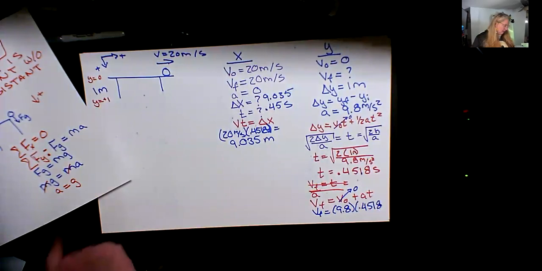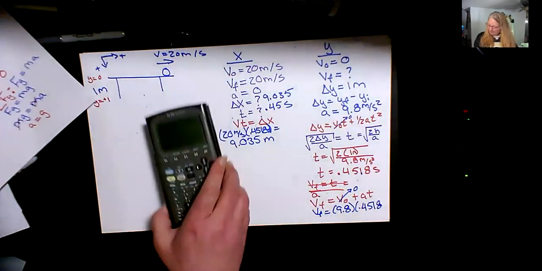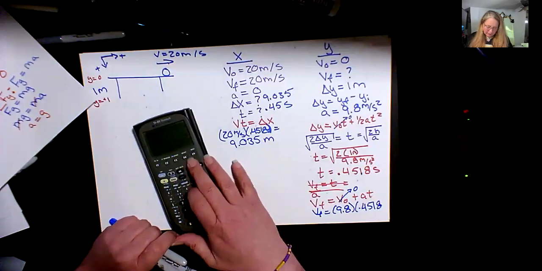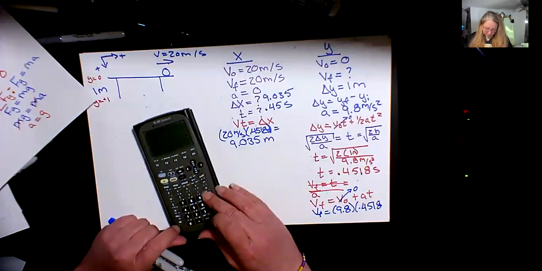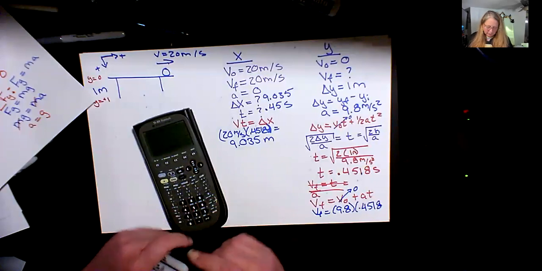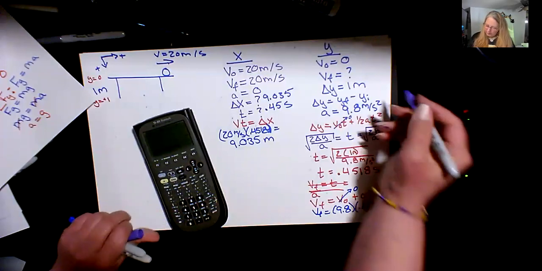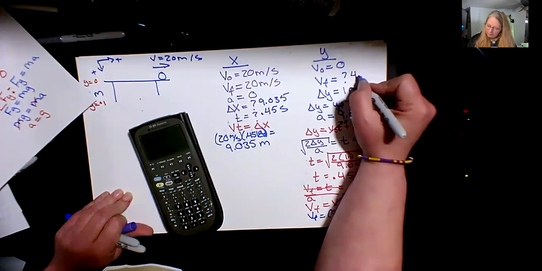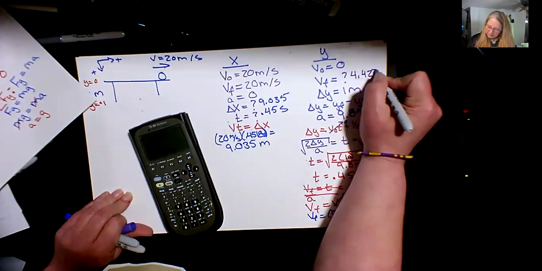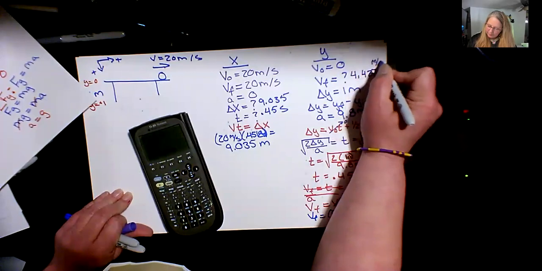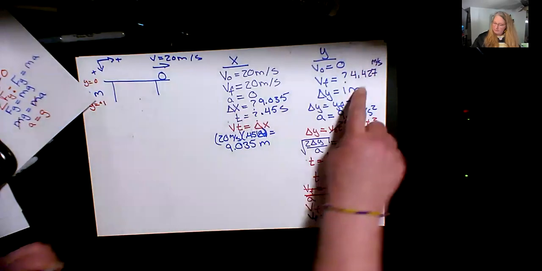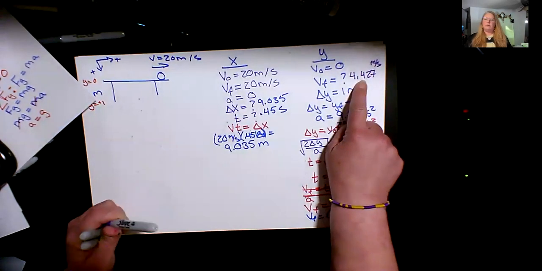So my final velocity in the y, I'm just going to select, oops, I don't want to subtract that, times 9.8 gives me v final, there we are, 4.427 meters per second.